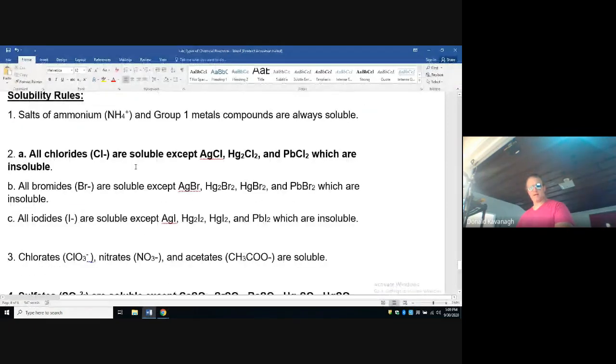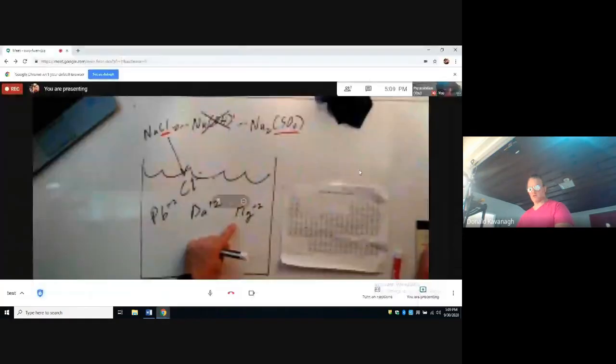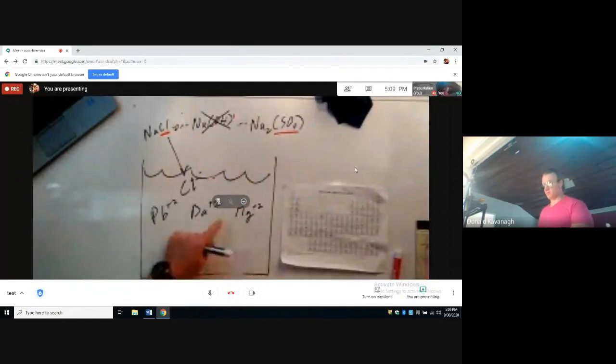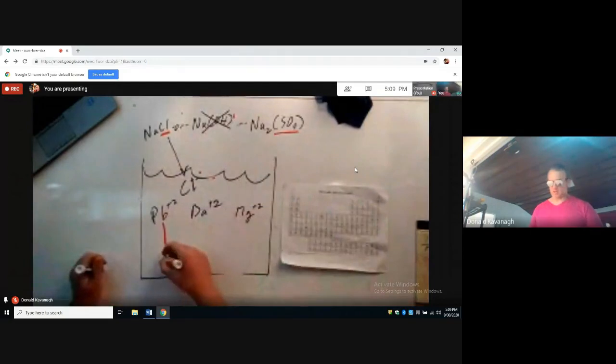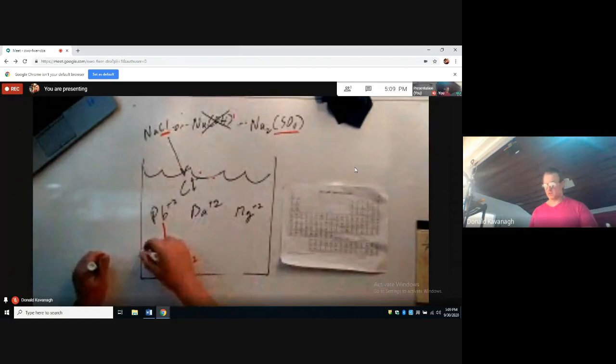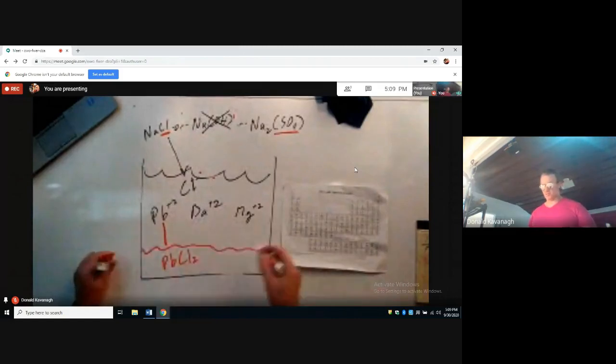All chlorides are soluble except silver chloride, mercury chloride, lead chloride, which are insoluble. So these would remain in solution, and only lead chloride would crash out and form a white powdered solid at the bottom.